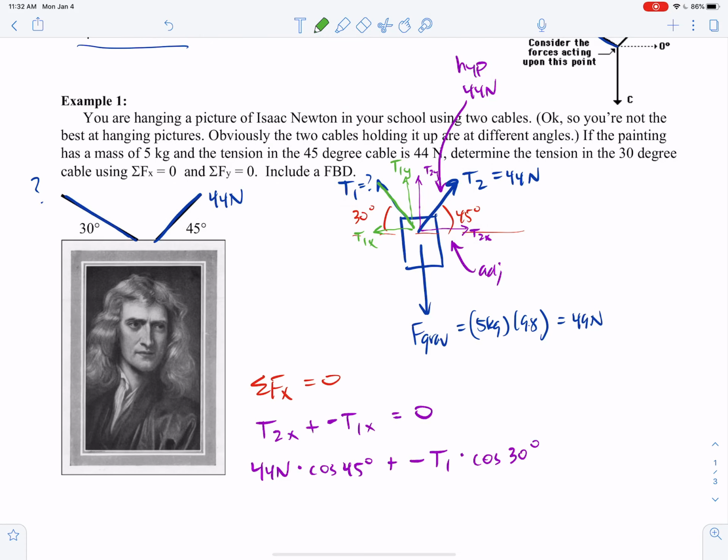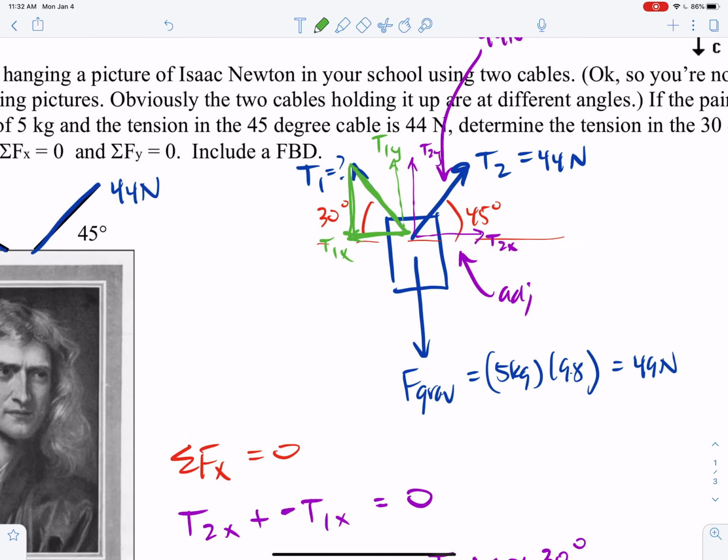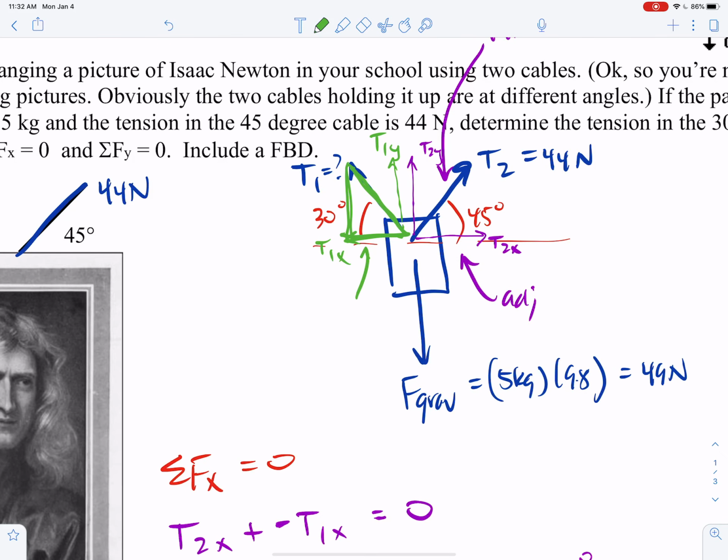So here's the triangle for the x component. Okay, I'm looking for this leg, which is the adjacent, and I'm going to relate it to this leg here, which is the hypotenuse. Okay, so same setup, right? Adjacent and hypotenuse are the two that I'm relating. I'm going to relate them through cosine.